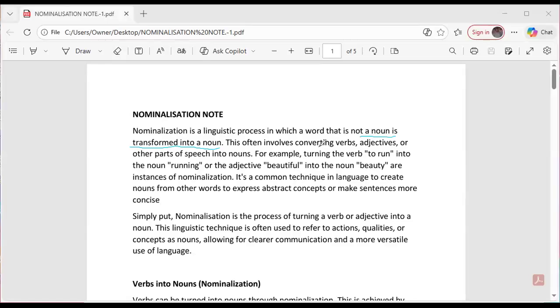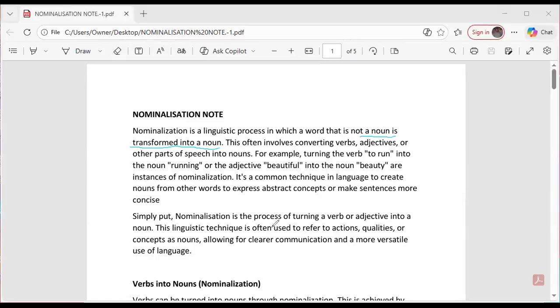In English, we have nominalization of adjectives, and we also have nominalization of verbs. But whichever one we're looking at, just remember that nominalization simply means a process where you do what? You transform another word class to become a noun. Is that taken? Very good.